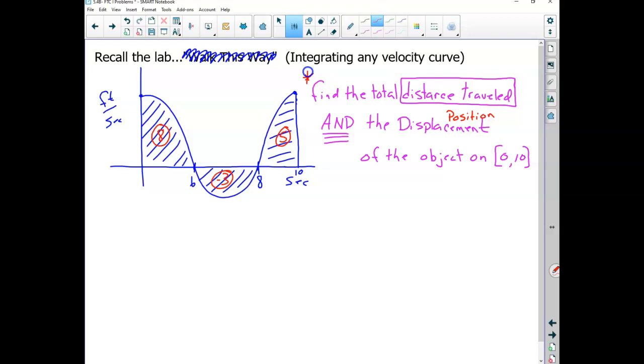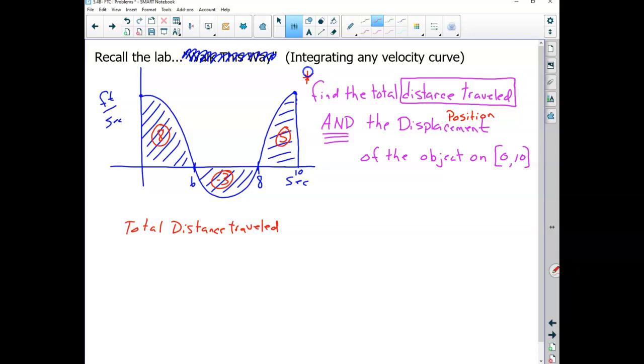But the total distance traveled, okay, what is the total distance traveled? Well, my total distance traveled is going to be represented by the total area, okay? Think about this.